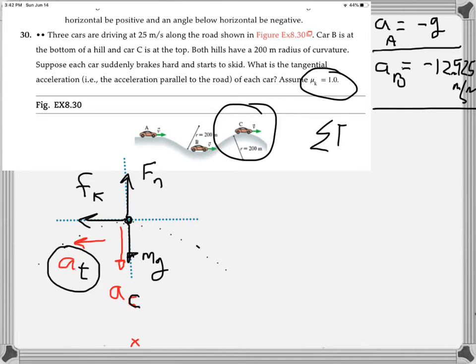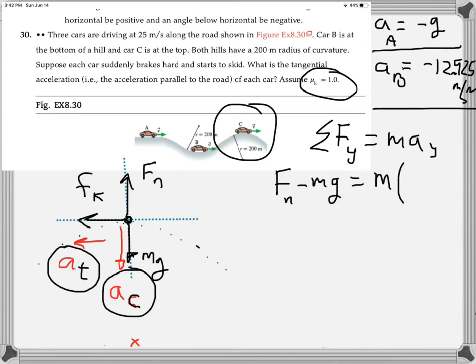C. So we're going to look at the vertical forces to get an expression for the normal force. And then once we know the normal, we plug it into the equation for Fk, and we'll find the tangential, just like we did in previous problems. So in the vertical direction, the sum of the forces in the vertical direction equals mass times acceleration in y.